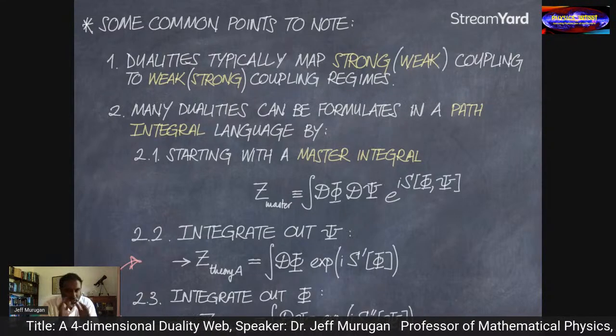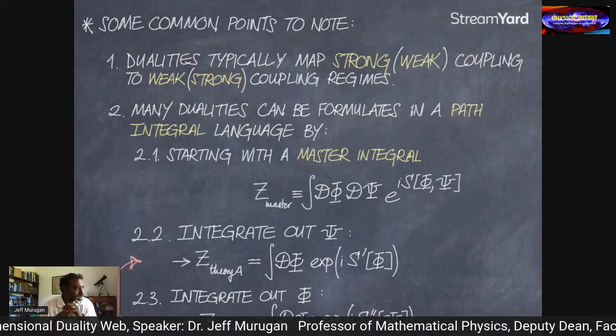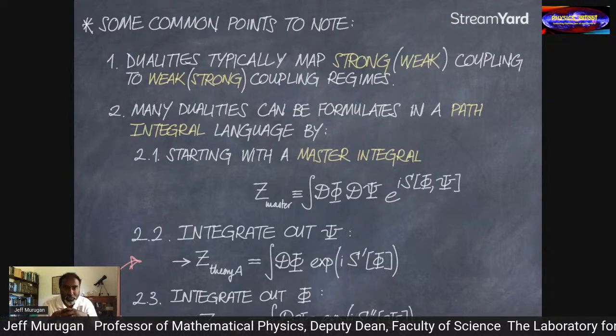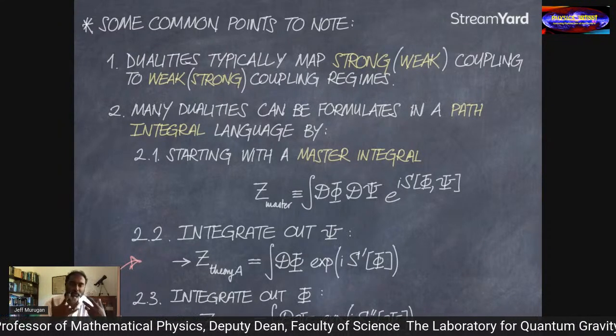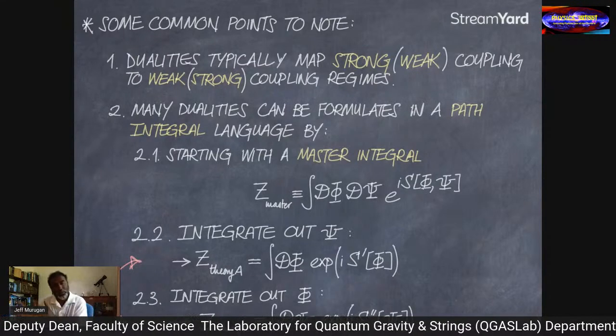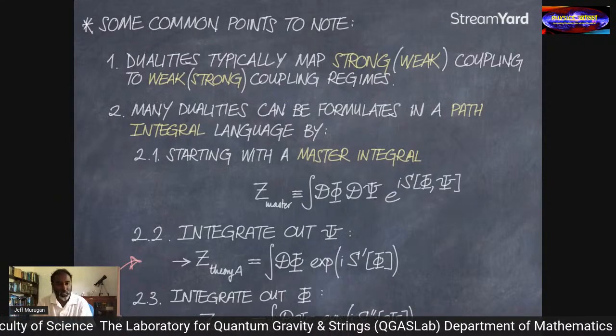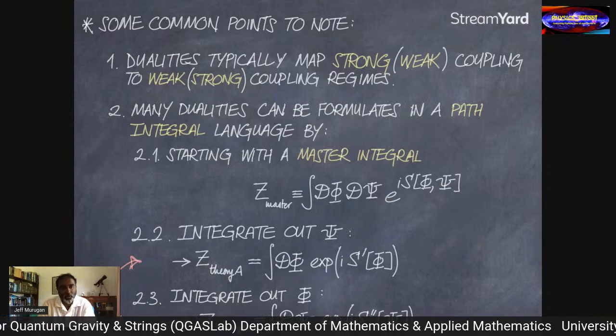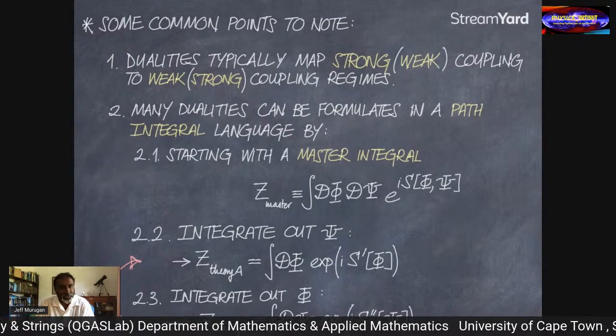But what you learn about the perturbation theory is not all that there is to know about the theory. There's a lot going on at strong couplings. And what these dualities do for you is that they take a theory that's perturbatively well-defined on the one side and map it to somewhere where you don't understand how to do the calculations: strong coupling. So that's really the power of these dualities.